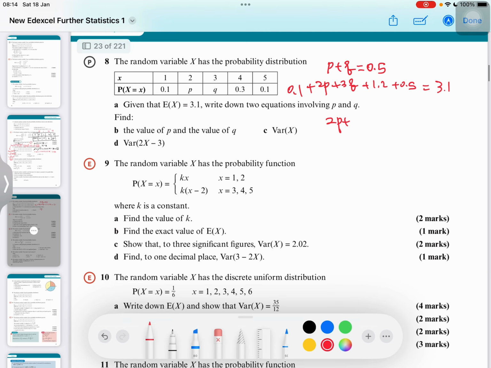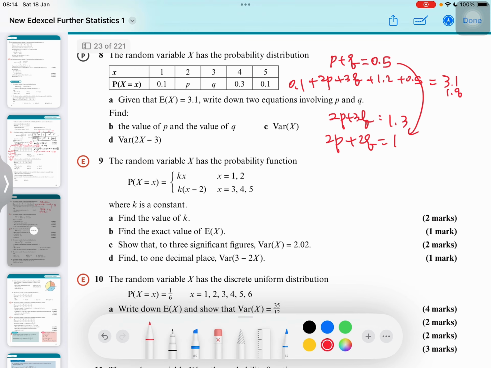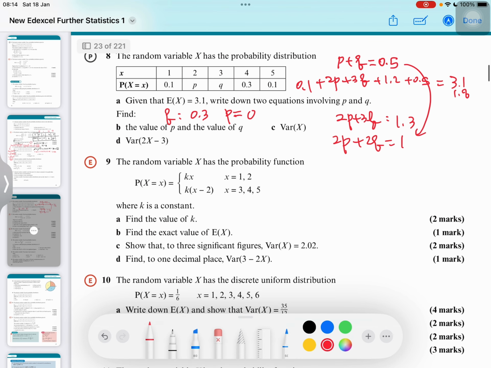So 2P plus 3Q becomes 1.8. So 2P plus 2Q becomes 1. So Q is 0.3, and P, when we add them together to 0.5, equals 0.2.